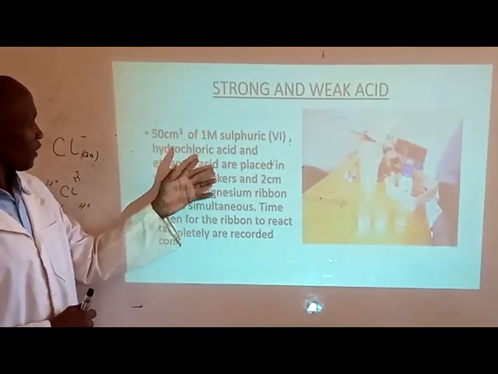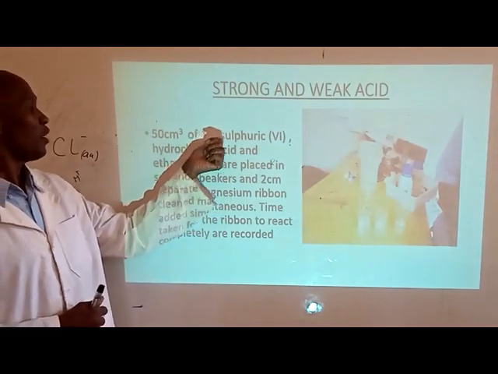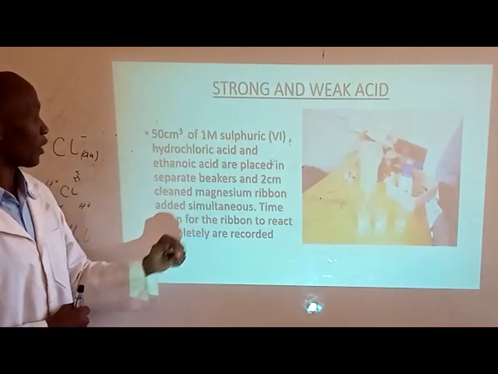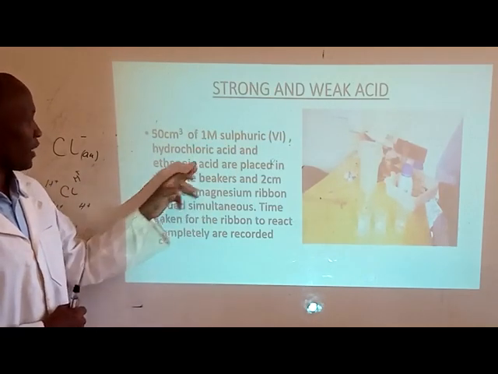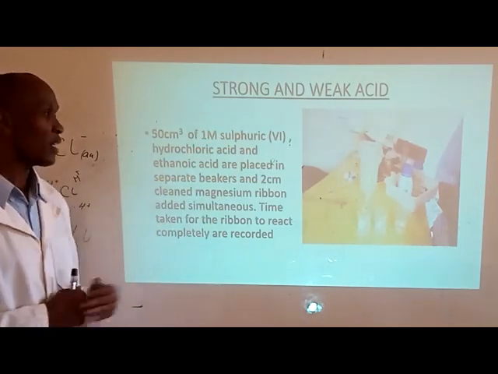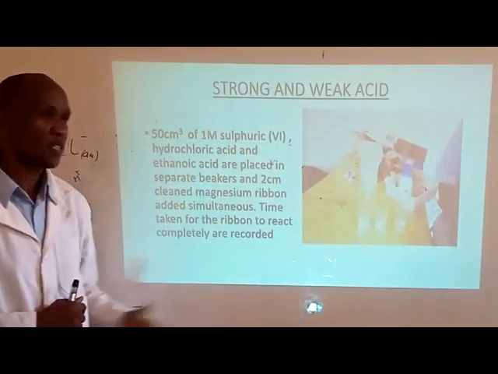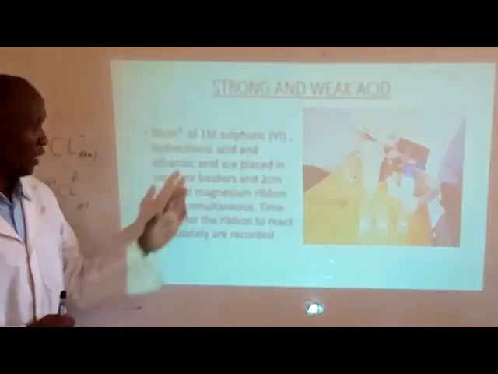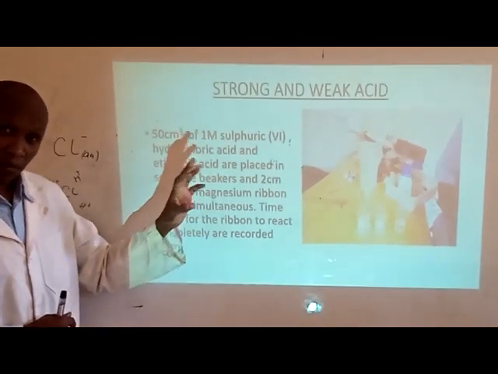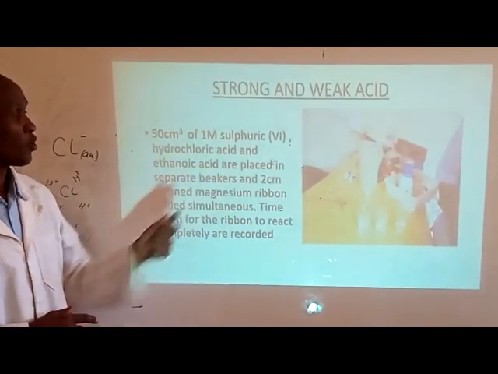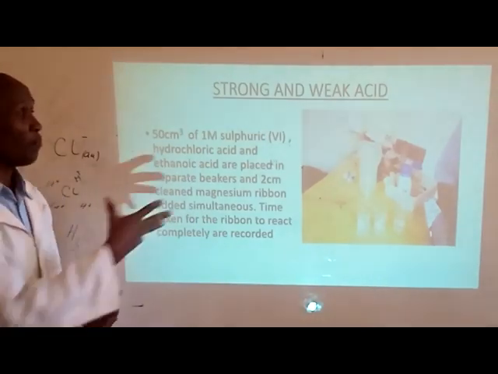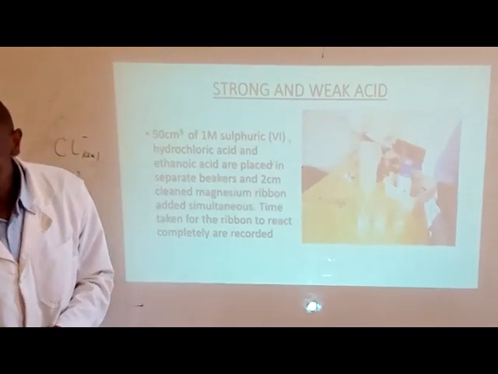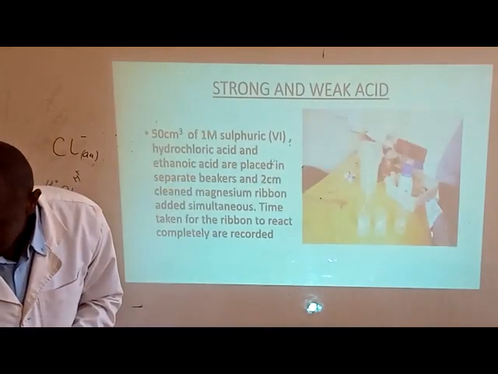Now, I want to investigate the reaction between acids that are of the same concentration: 1 molar sulfuric acid, 1 molar ethanoic acid, 1 molar hydrochloric acid, and I want to investigate how fast they react with metals. From that, we shall again come up with an even more interesting idea about the ionization of the acid to produce hydrogen ions as the only positive ions.